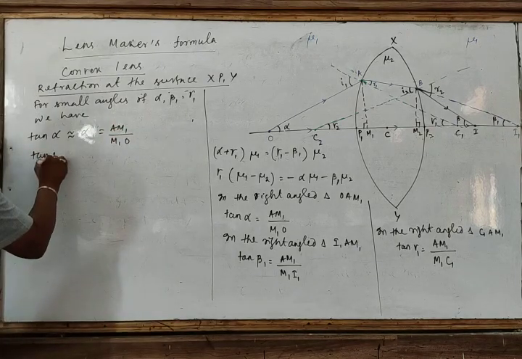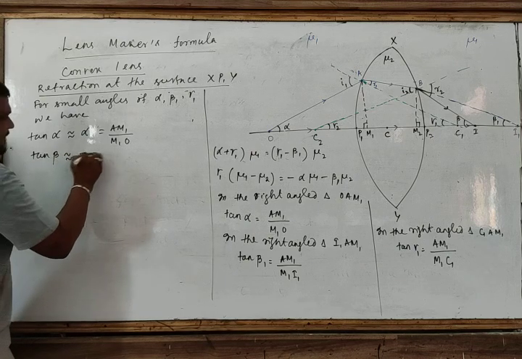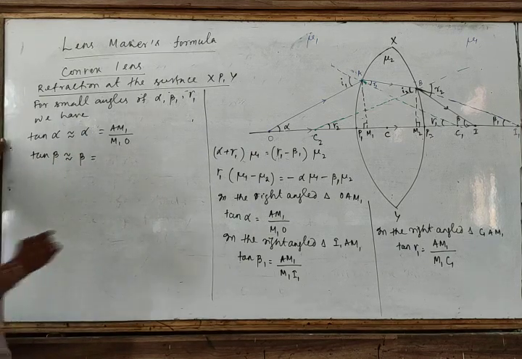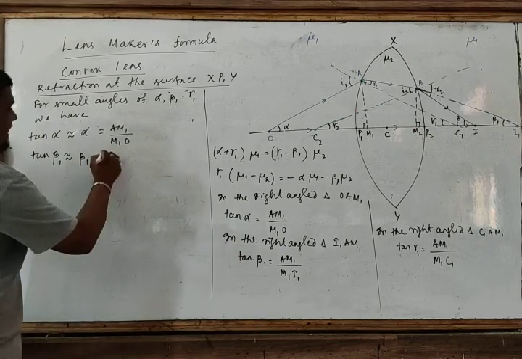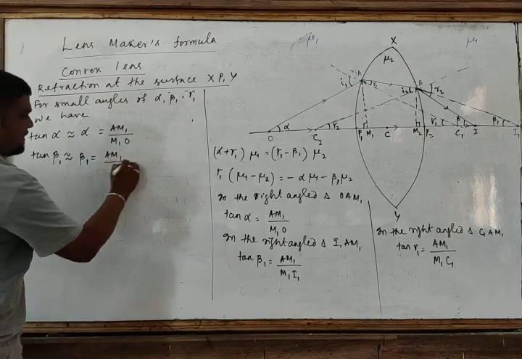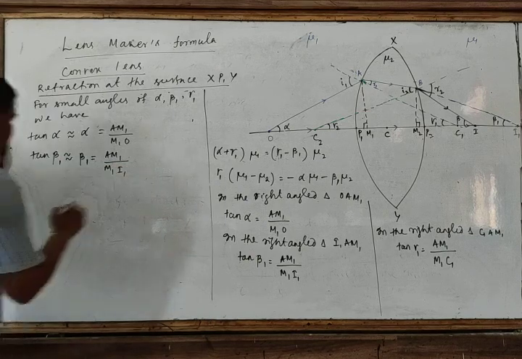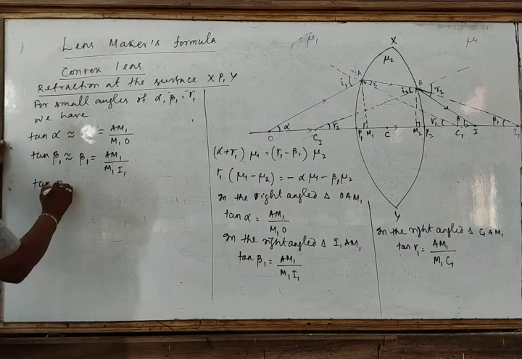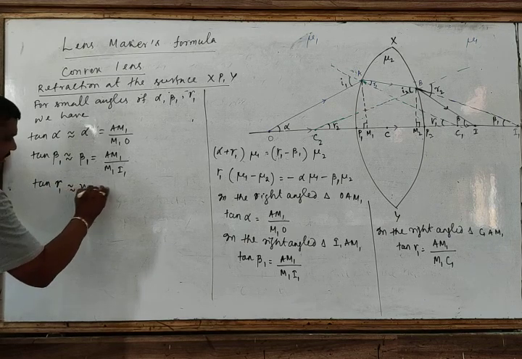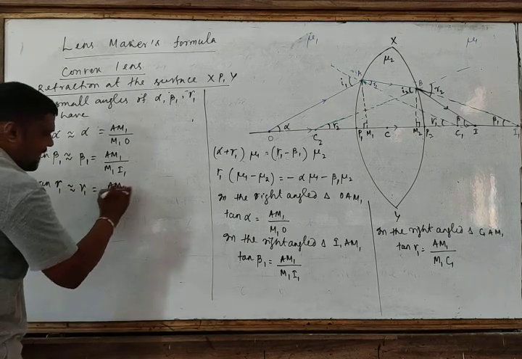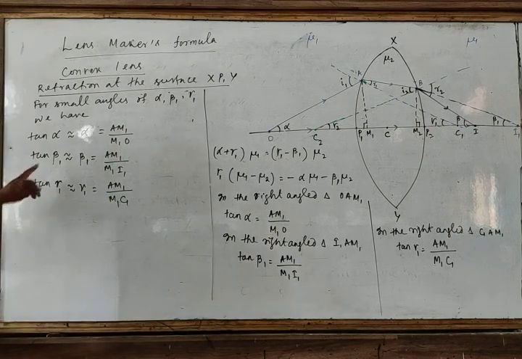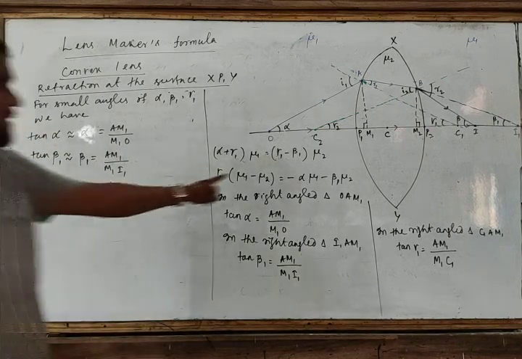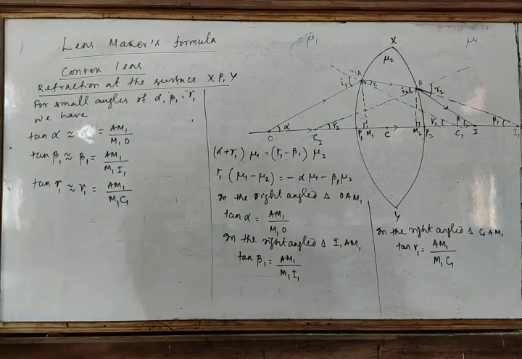Tan beta 1 is equal to beta 1, equal to AM1 by M1I1. Tan gamma 1 is equal to gamma 1, equal to AM1 divided by M1C1. Now after getting this alpha, beta 1 and gamma 1, I put them in this expression.